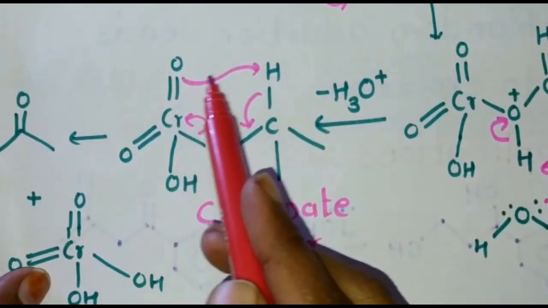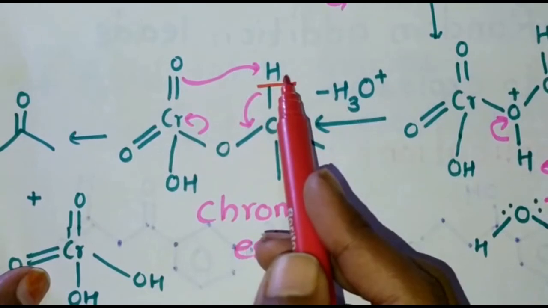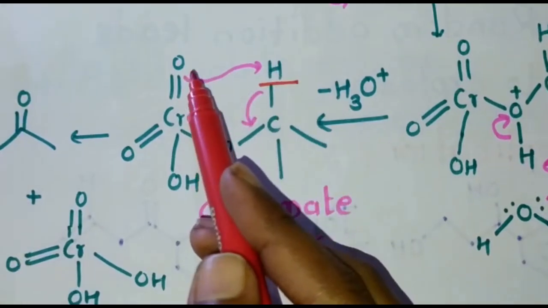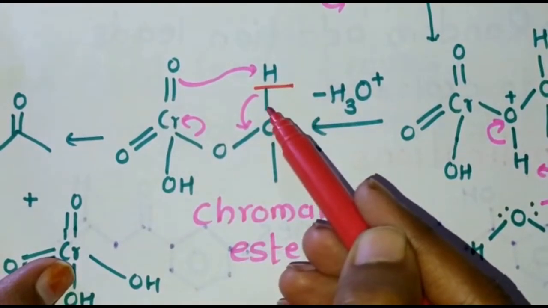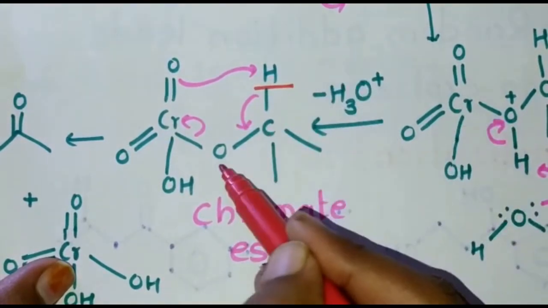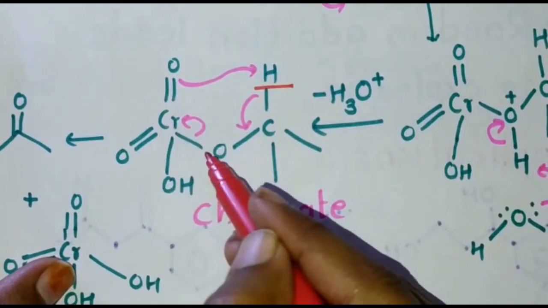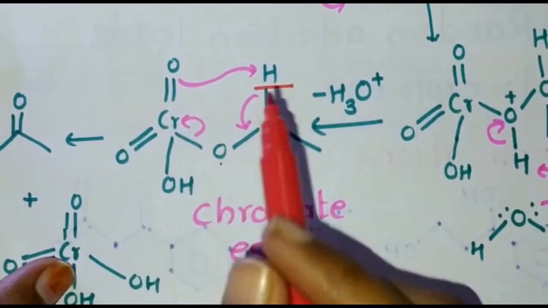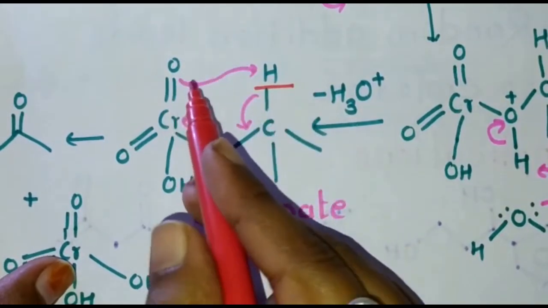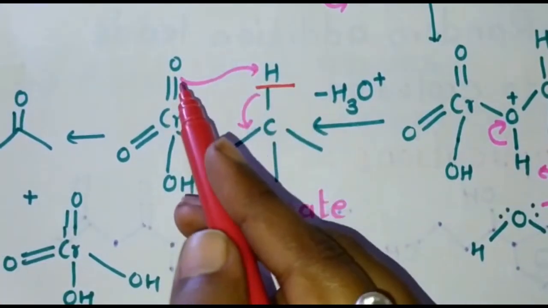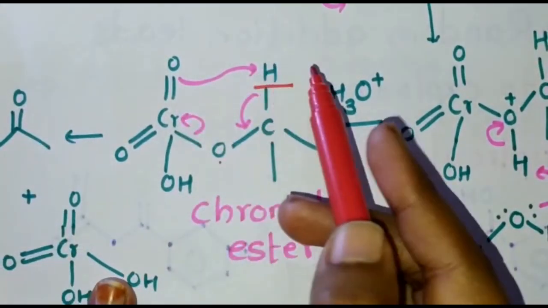Now this double bond gets shifted towards this hydrogen atom, so this hydrogen atom is transferred to this oxygen. This bonding electron pair is shifted between the carbon and oxygen, and the bonding electrons between the chromium and oxygen are shifted towards the chromium. Remember that this double bond will attack this hydrogen atom.